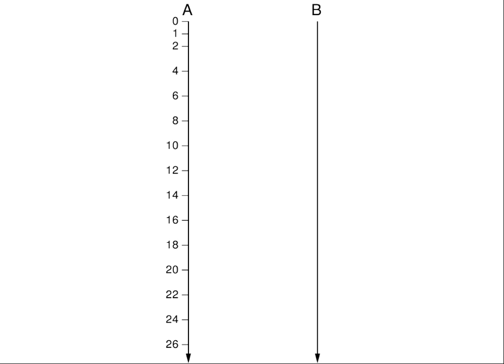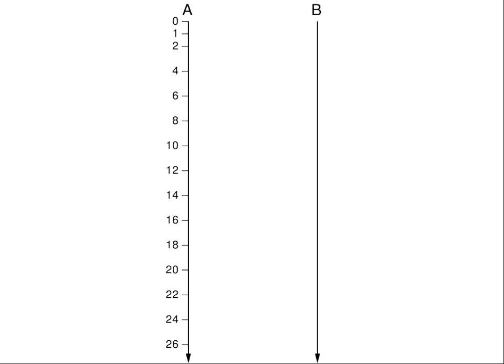And we're going to draw on here what happens as time increases. And time increases as we go down. For example, at time 0, when we start to transmit, it takes time to transmit our data. After some time, eventually the data will arrive at B.